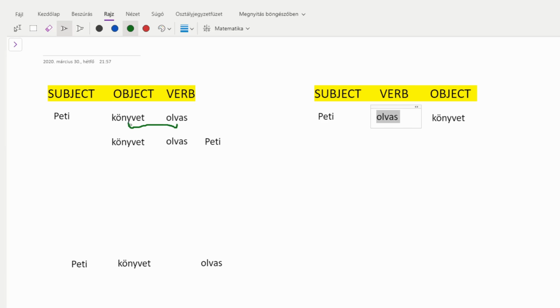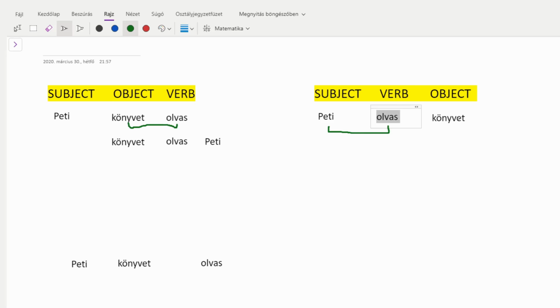This is important. He is reading, it is a book that he is reading. In this situation, we have Peti olvas. So it is the person who is performing the activity. This is the important thing. Peti olvas könyvet, and the Hungarian person would think that it is not another person who is reading, but it is Peti who is reading.